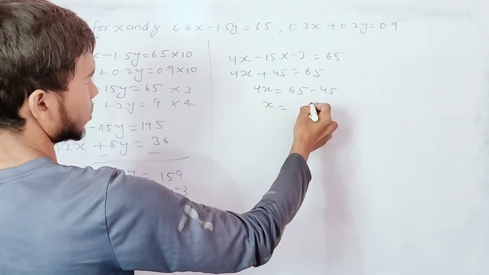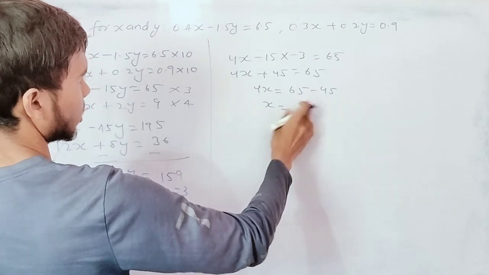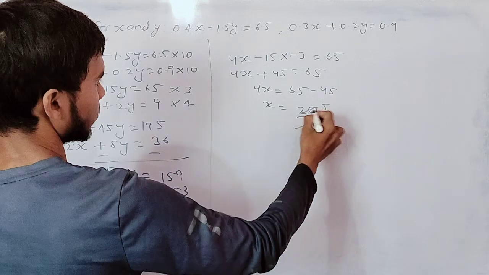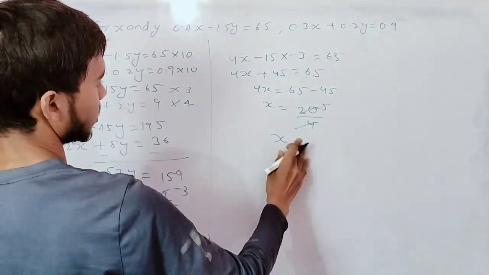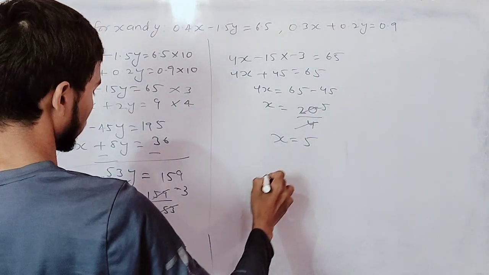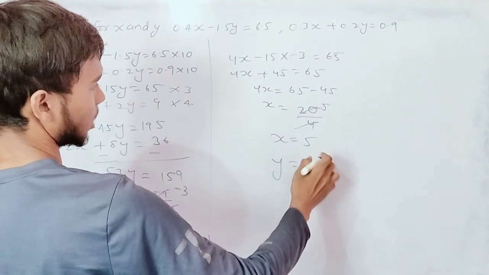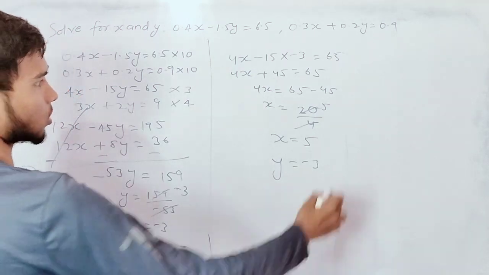X is equal to 20 upon 4, so x came as 5 and y came as minus 3. So this is the answer.